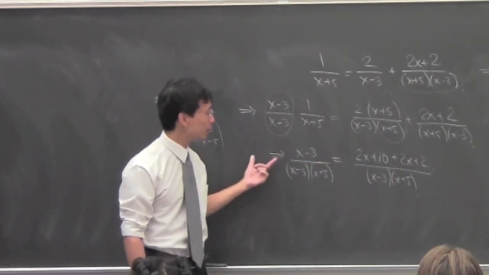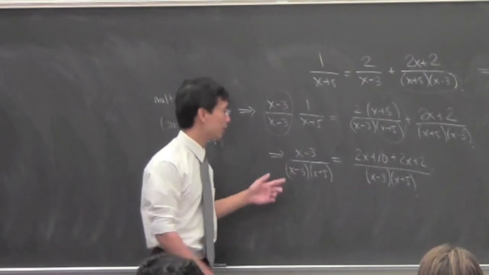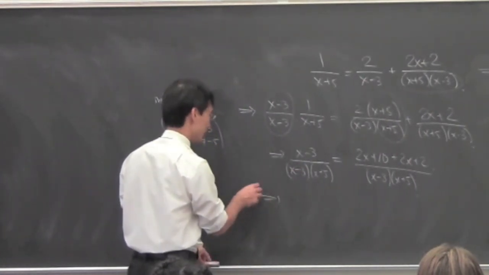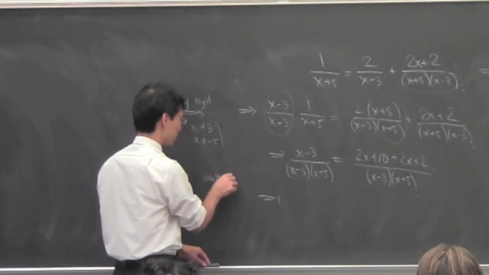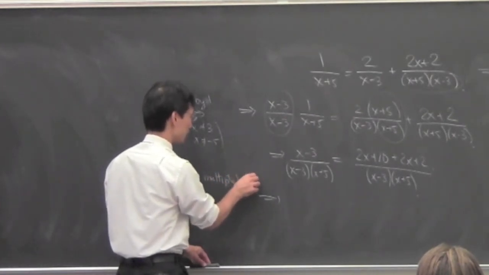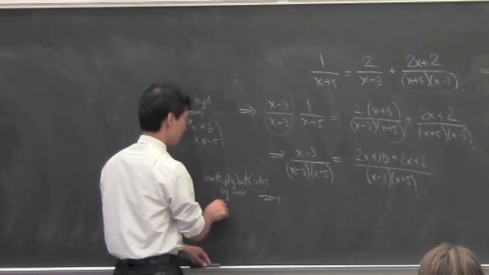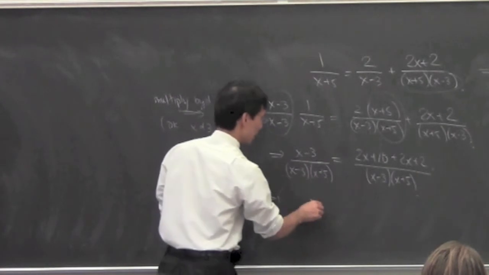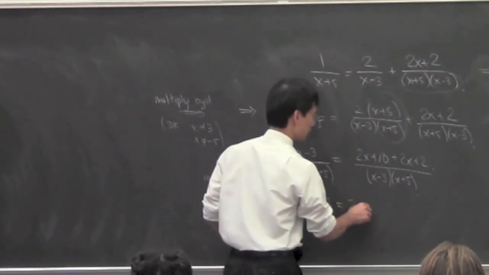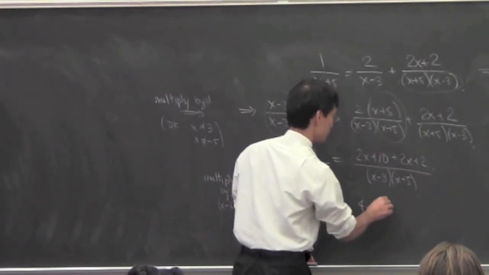You cleared, you said, let's multiply both sides by x minus 3, x plus 5, right? So multiply both sides by the same thing. And you get x minus 3 is equal to, sorry, let me simplify, 4x plus 12.